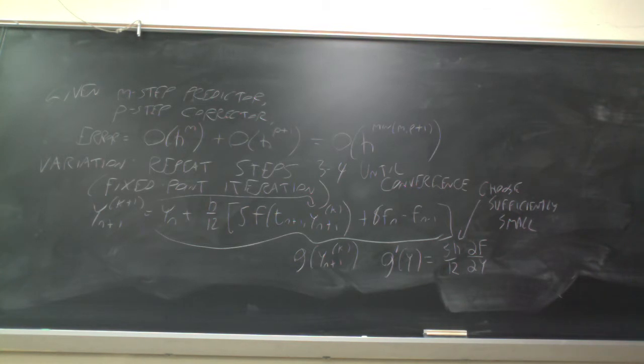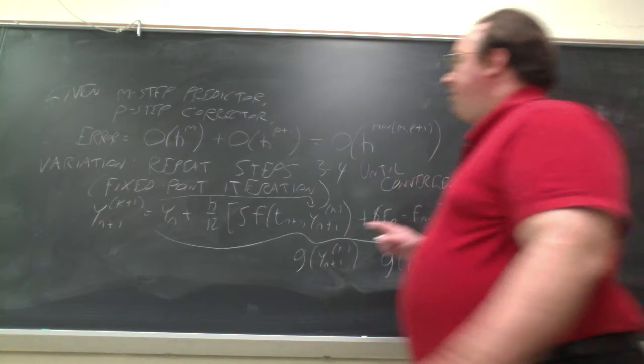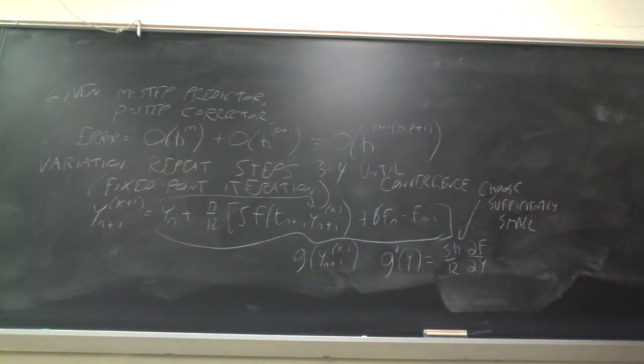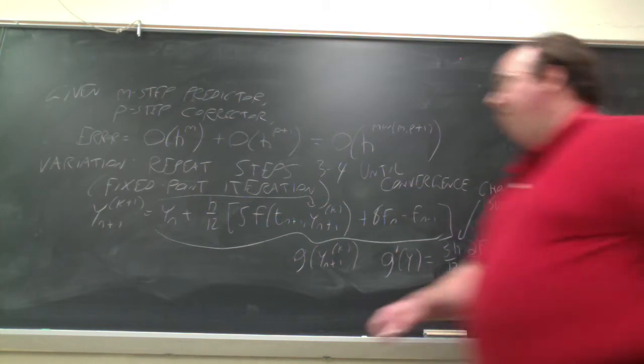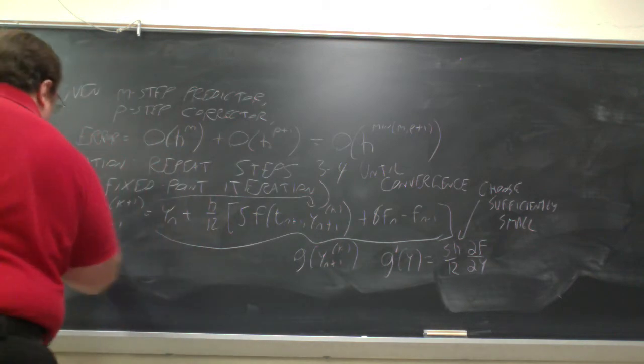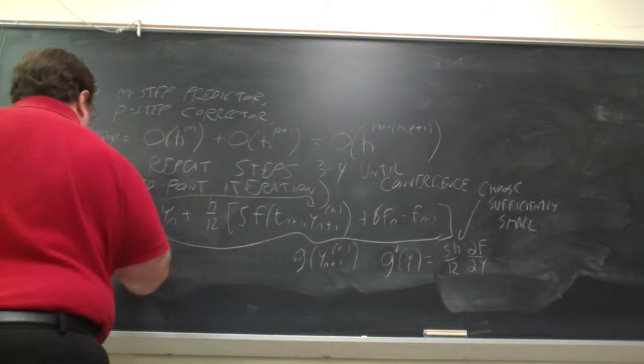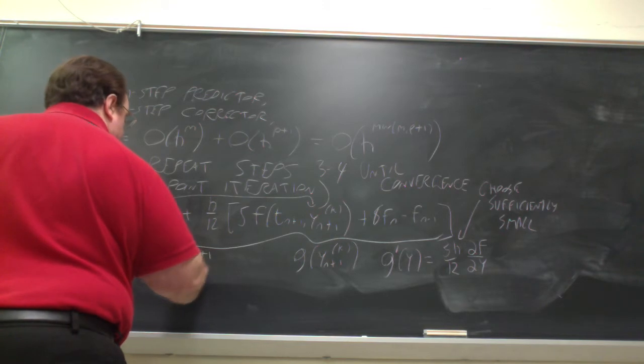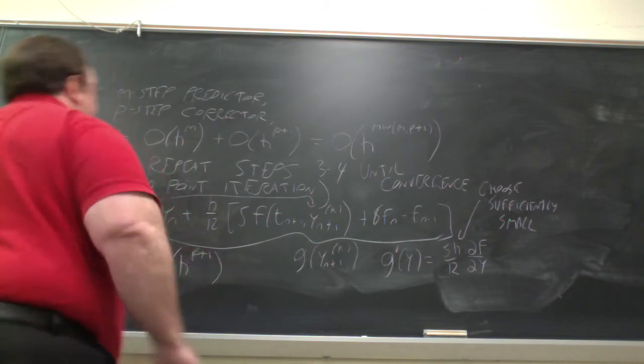And if you do this, that means that the order of accuracy of the predictor doesn't matter anymore, because all the predictor did was furnish an initial guess. From this point on, it's all about what the corrector does. So for this variation, the error is determined solely by the corrector.